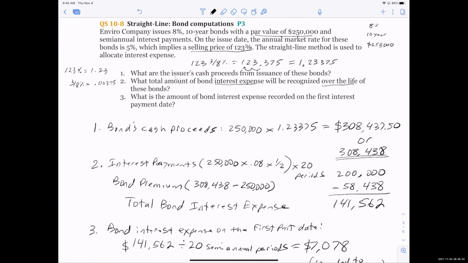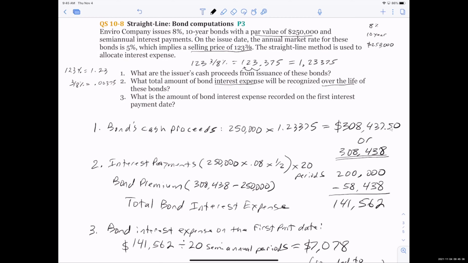Okay, so what is the cash proceeds? Well, it's going to be 123.375% of the 250,000. So we know that the bond's cash proceeds would be 250,000 times, I converted it to a decimal, 1.23375, and you're going to come up with $308,437.50.